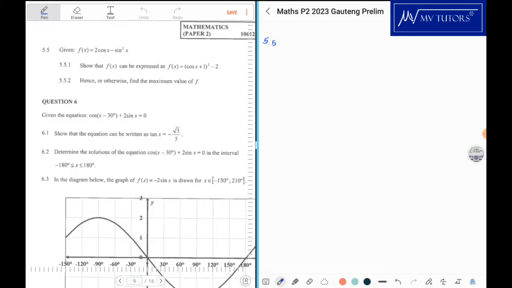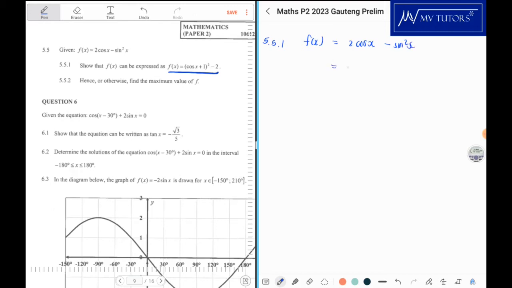So it says, given the function, we have f of x is equal to 2 cos x minus sine squared x. Now 5.5.1 says, show that f of x can be expressed as the following. All right, so let's write it down. The original as they gave us is 2 cos x minus sine squared x.